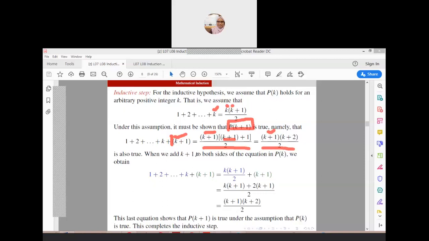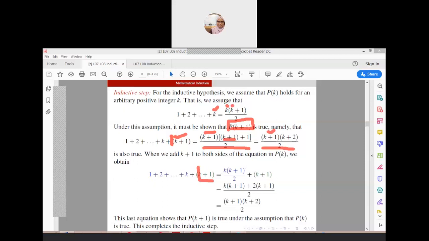When we add k plus 1 to both sides of the equation in P(k), we obtain 1 plus 2 plus dot dot dot plus k plus 1. So here, if we add k plus 1 here, you add k plus 1, right?